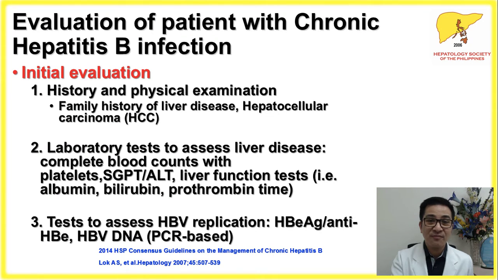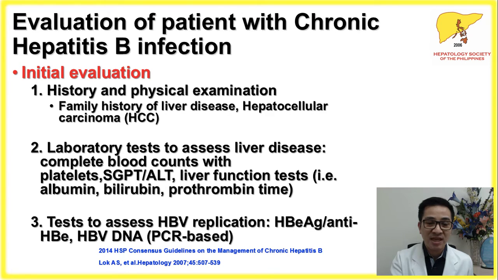The assessment of patients with chronic hepatitis B should include the evaluation of hepatitis B virus risk factors and related co-infections, alcohol intake, any family history of hepatitis B infection or hepatocellular carcinoma, and a complete physical examination.